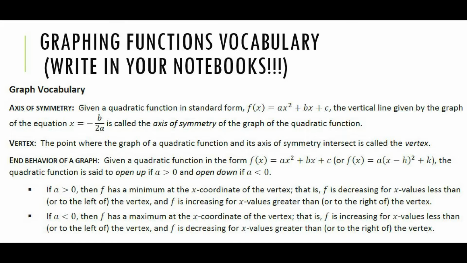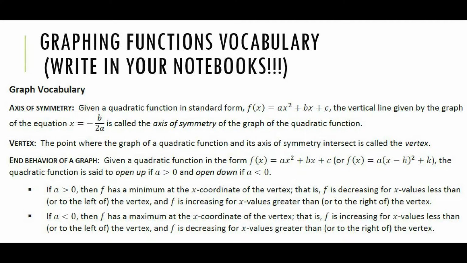So the first vocab word is axis of symmetry. When we have a quadratic function, the standard form is ax squared plus bx plus c. The vertical line that goes through the middle of that graph, so the vertical line that goes through the vertex in the middle of the parabola, is found using the equation x equals negative b over 2a, and that's called the axis of symmetry.